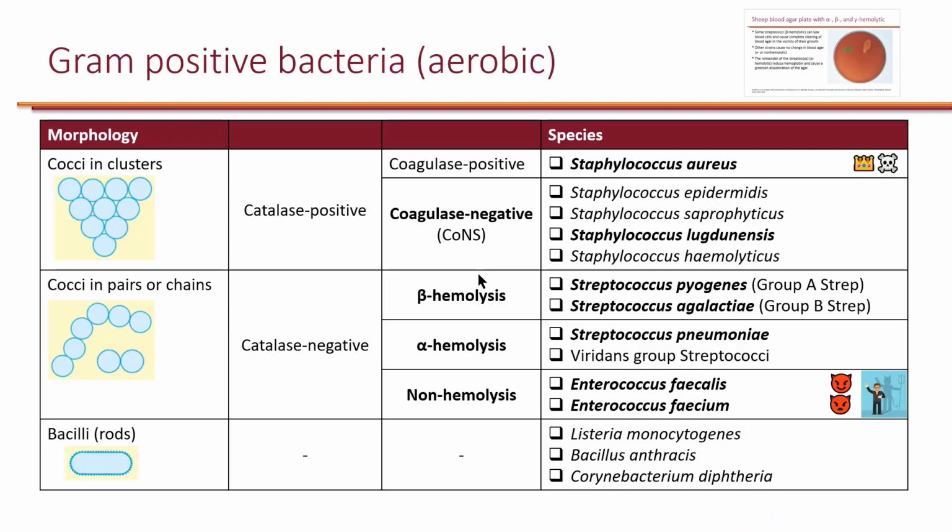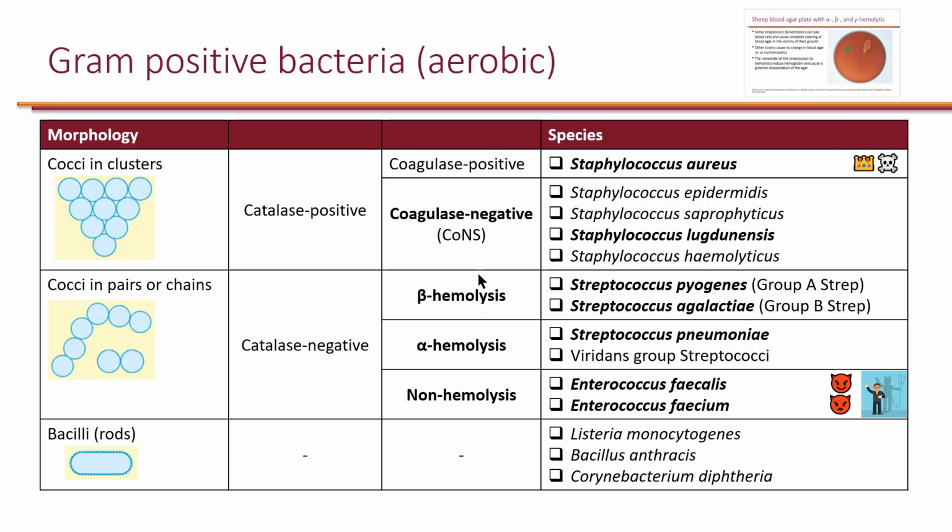Now let's take a look at some specific examples of Gram-positive bacteria. In general, whether it's Gram-positive or Gram-negative, these bacteria can be either aerobic or anaerobic. Aerobic means that they require oxygen for replication. Anaerobic means that they can replicate in the absence of oxygen.